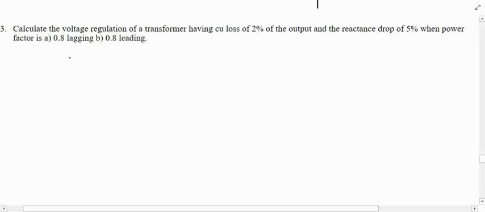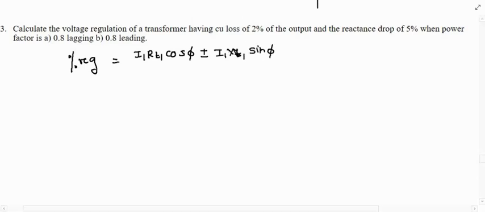Students, we have studied one formula for the regulation in terms of the percentage drop. Percentage regulation is equal to (I1 RT1 cos phi ± I1 XT1 sin phi) divided by V1.